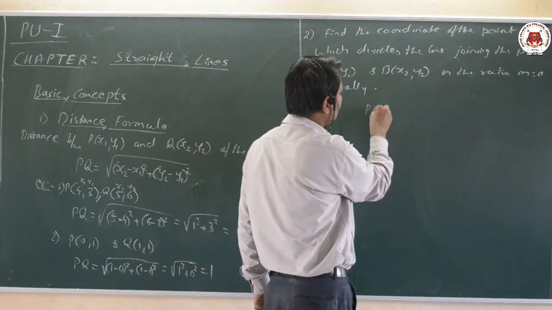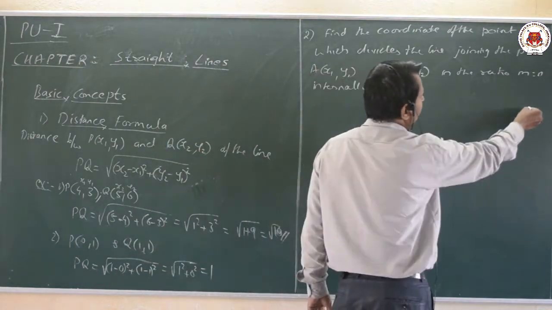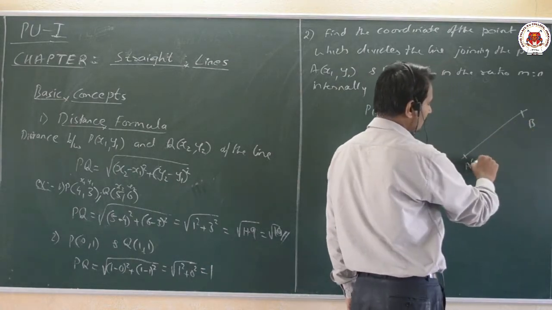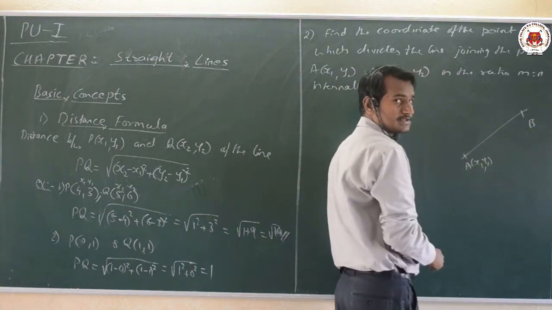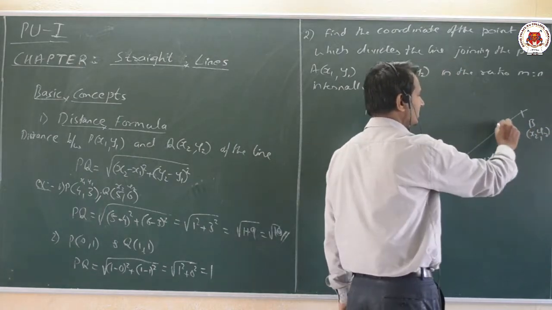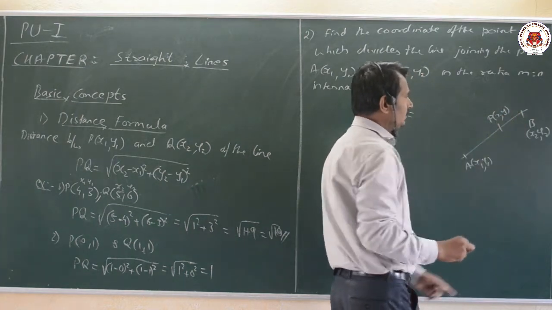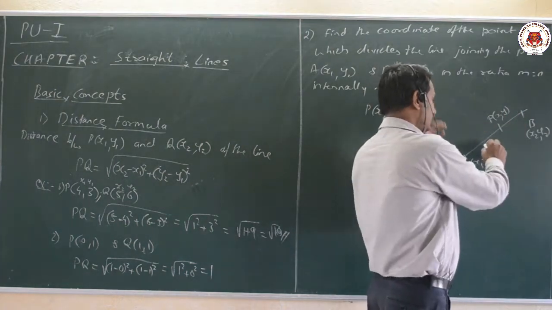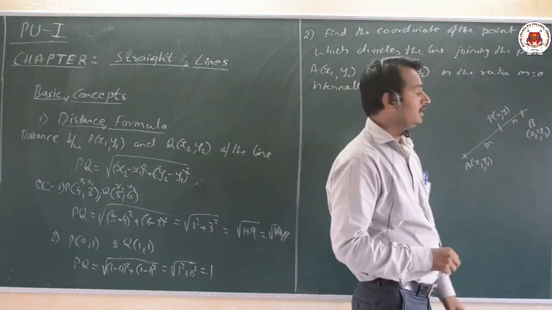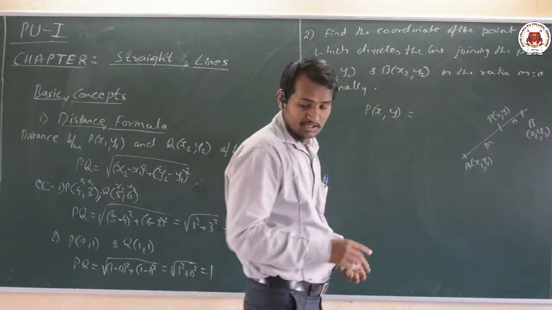Here P of x comma y is equal to, dear students, we have a line AB, the line joining the 2 points, where A has coordinates x1 y1 and B has coordinates x2 y2. Let us take this point as P, that is x comma y. If we require to find this x and y which divides the line AB in the ratio of m is to n, then to find the point x comma y we make use of this particular formula.